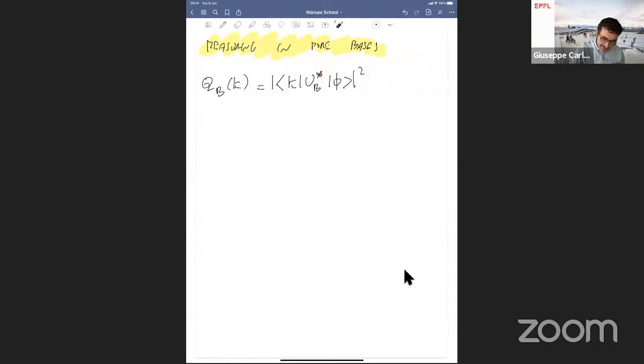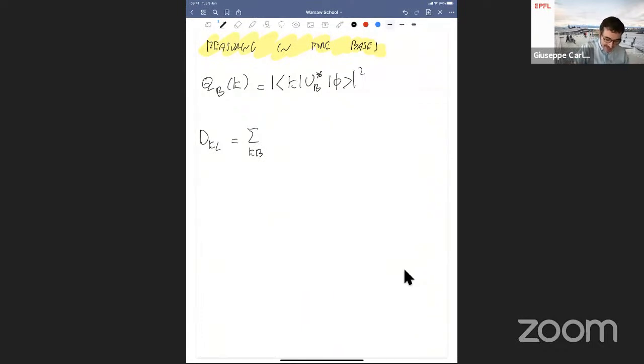Since you have this unitary in the middle, the samples from these probabilities, if you pick several B's, will also carry information about the phase of the wave function phi, and not only its square amplitude. What you do in practice is define a KL divergence, which is now not only the sum over all the samples, but also the sum over all the bases that you consider.